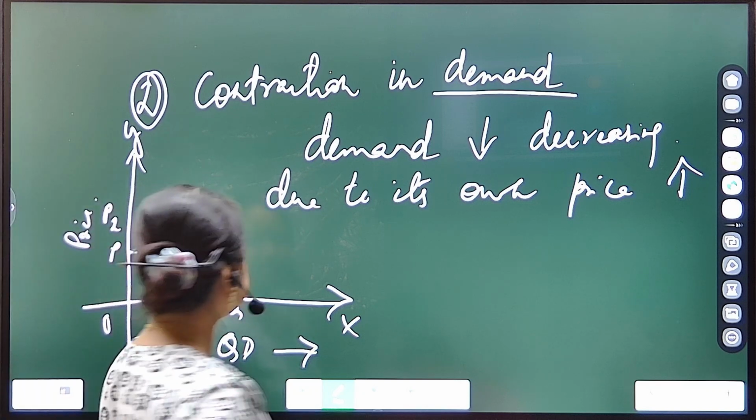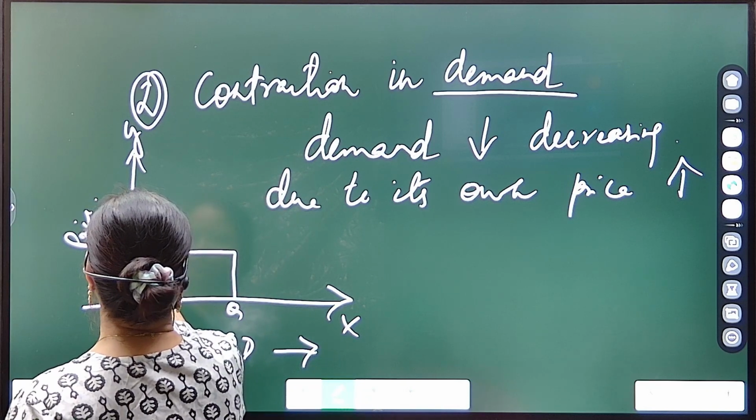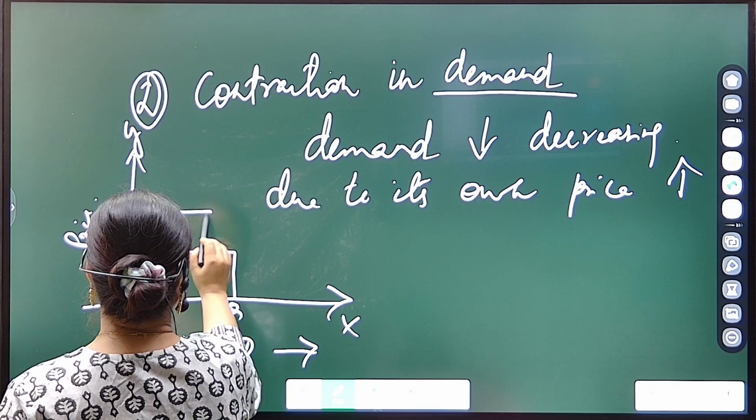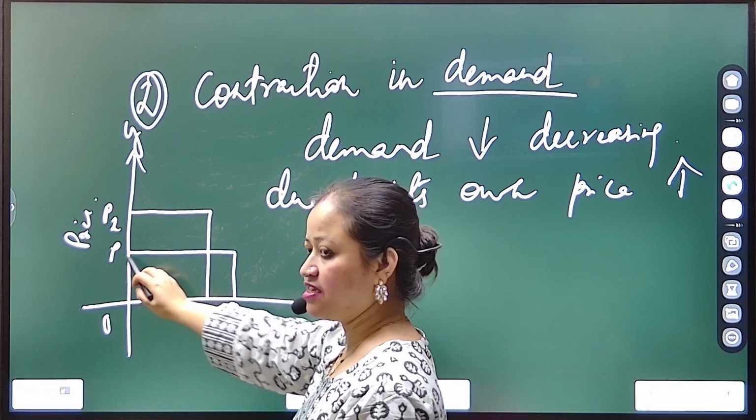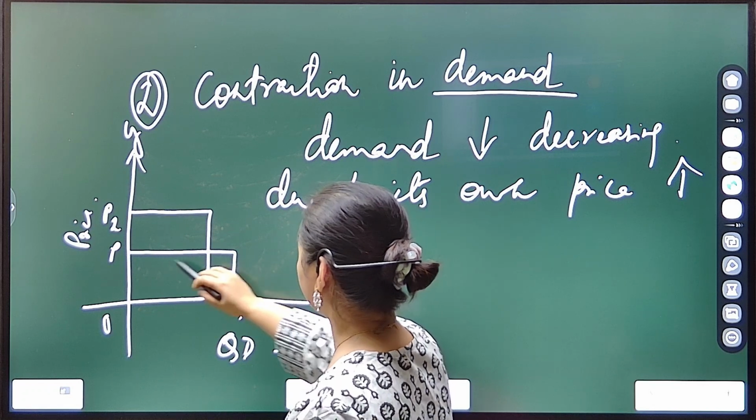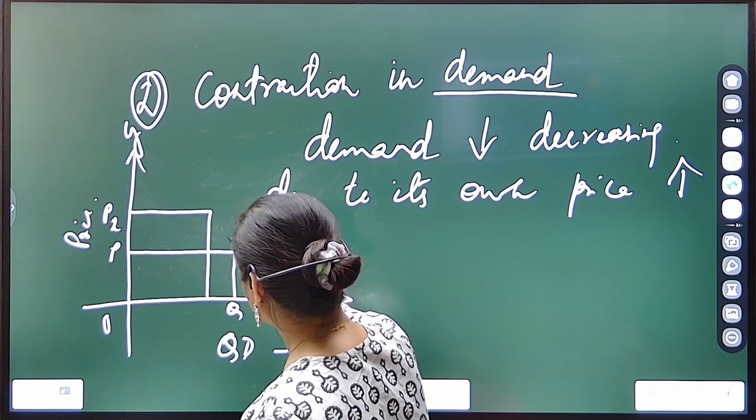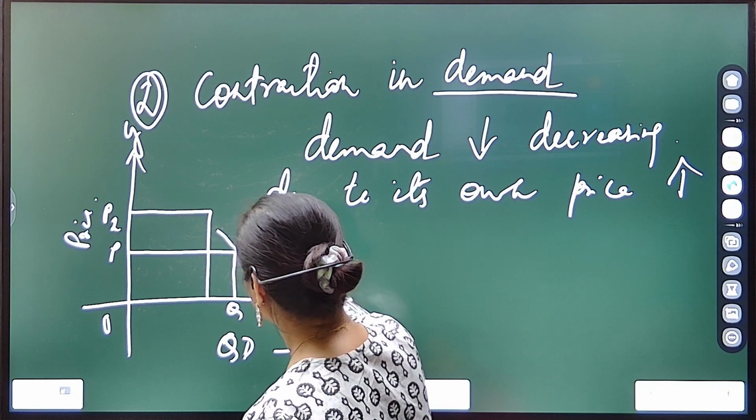So if price is increased, demand will decrease. When it was P, demand was here. So demand curve was this one.